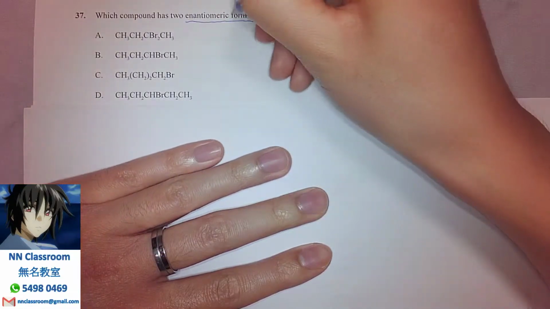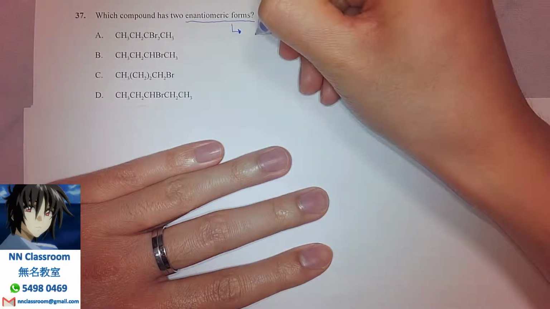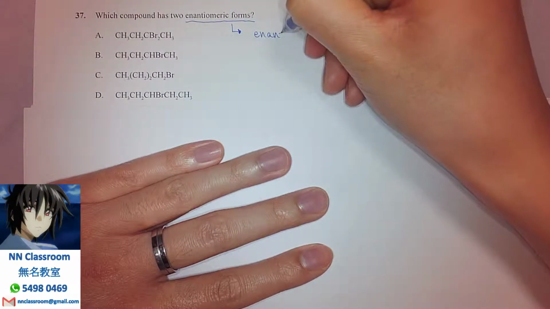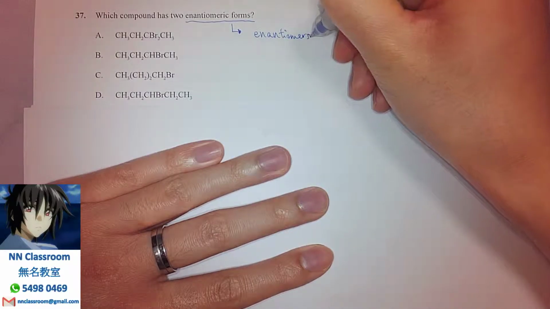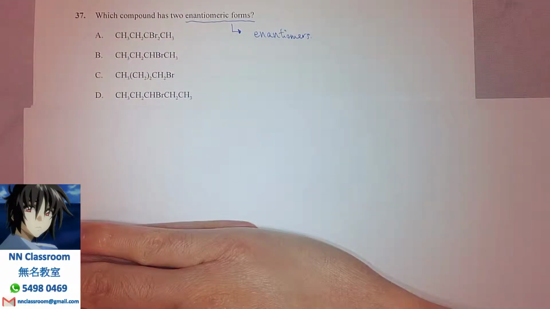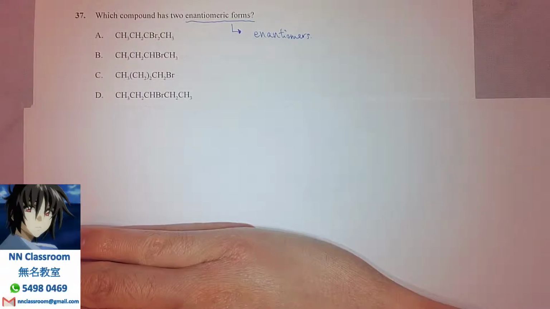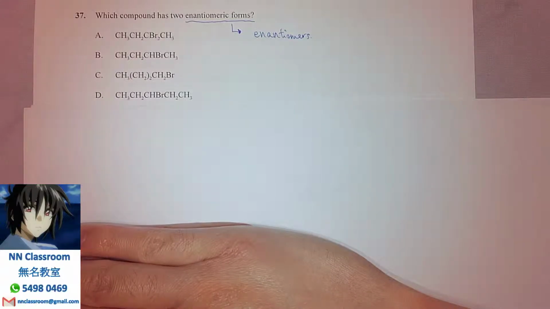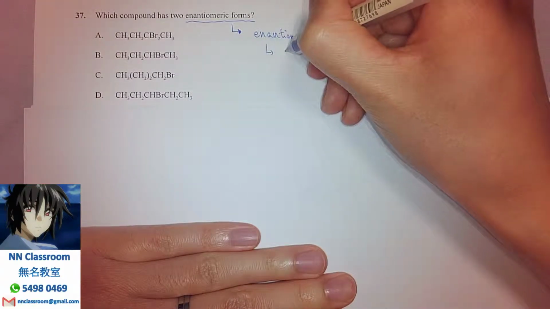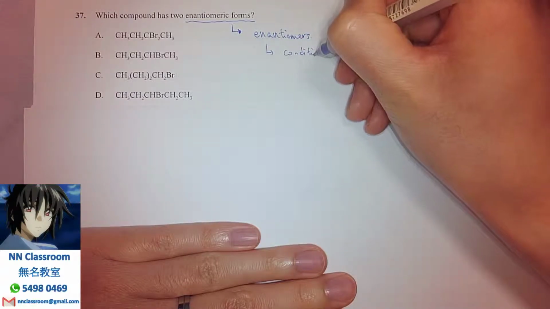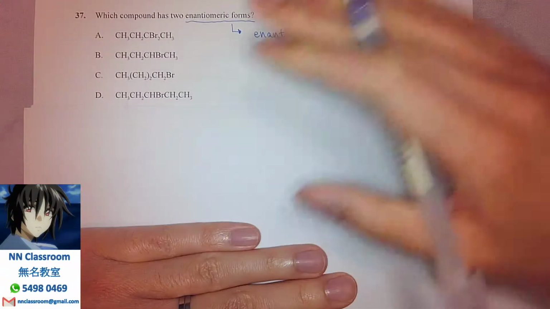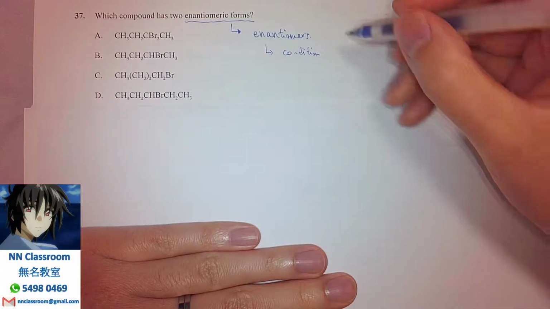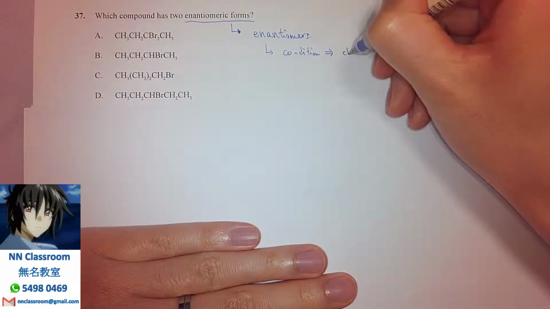Two enantiomeric forms means it is able to form the concept of enantiomers. Enantiomers is a really important concept coming from the organic chemistry topic 20. When forming enantiomers, the fundamental condition is that the compound, especially the carbon that we are majorly considering, has a chiral center.